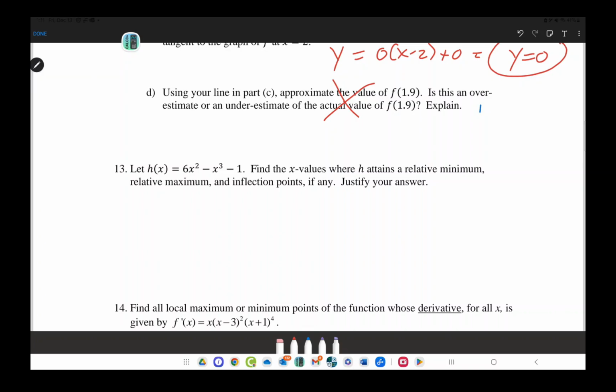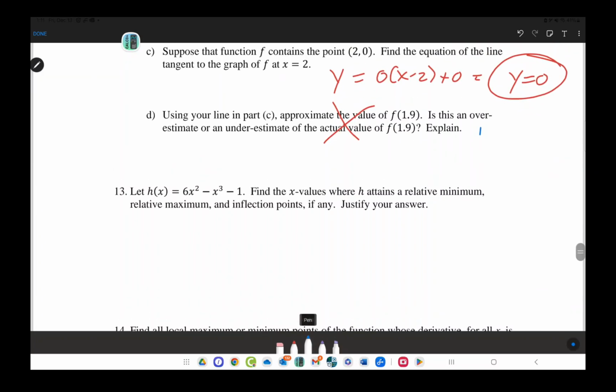All right, so find x values where h attains a relative minimum, relative maximum, and inflection points, if any. Justify your answer. So for h, first we have to find h prime of x. First, let's put this in order.